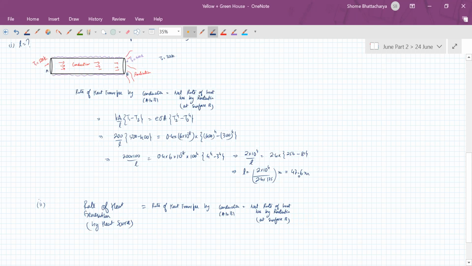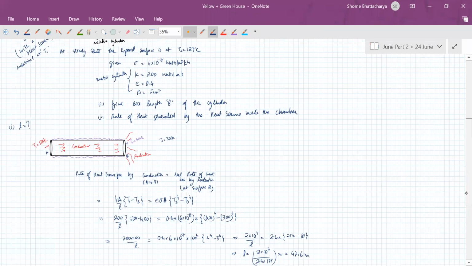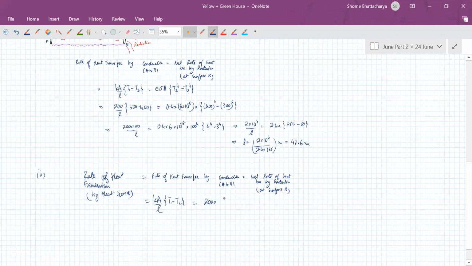Now, since we've already calculated the value of this length, we can just go with this. Now we'll need to plug in the value of the area of cross section, 5 centimeters square, into this temperature difference. So this will become our rate of heat generation in joules per second or watts.